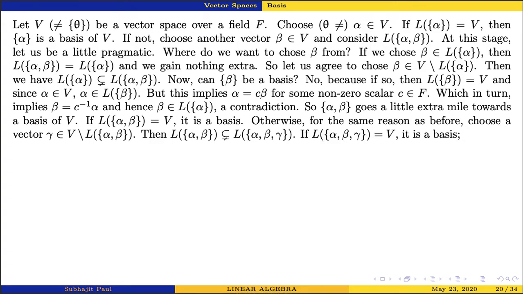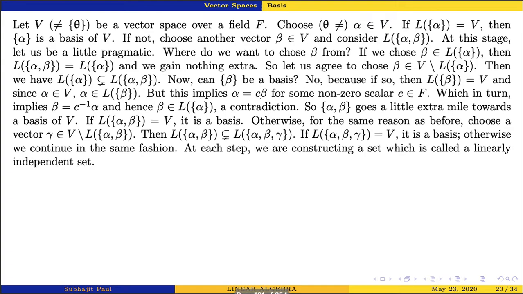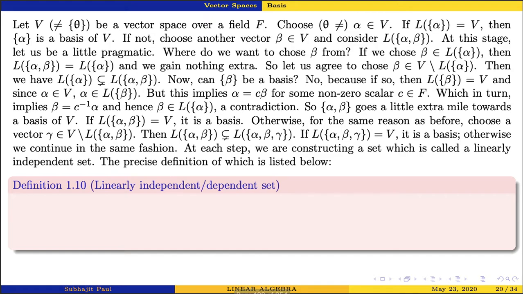If the linear span of alpha, beta, gamma is equal to the entire V, it is a basis. Otherwise, we continue in the same fashion. At each step, we are constructing a set which is called a linearly independent set, the precise definition of which is given below.